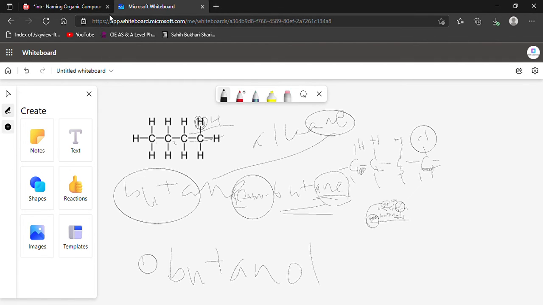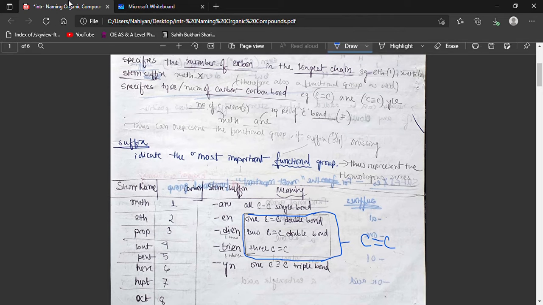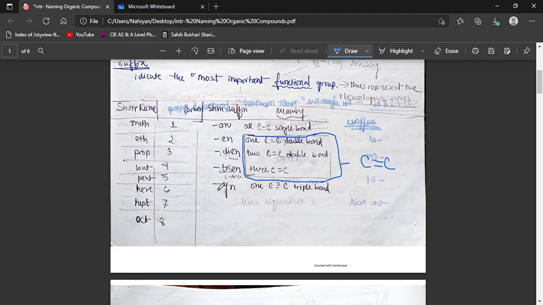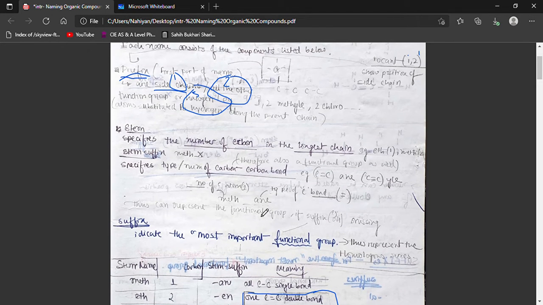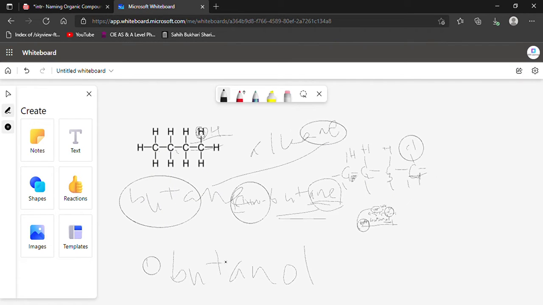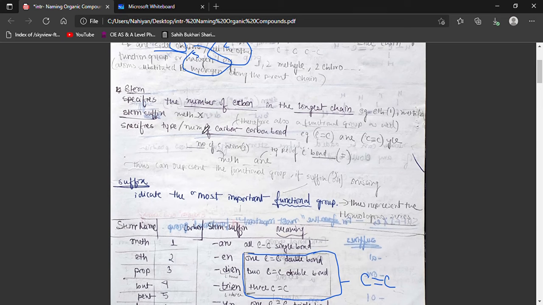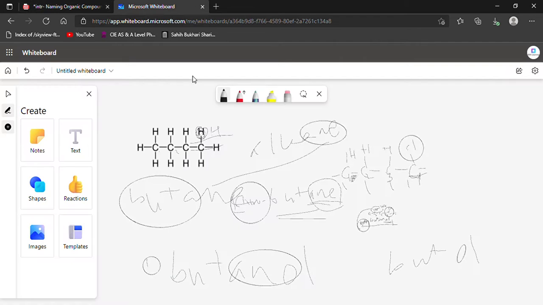Another thing which confused me when I was a student, when I was doing my AS, was that in this stem, this is not butol, instead this is butanol. This ane comes from the types of bond you have. Usually you have single bonds here, right?